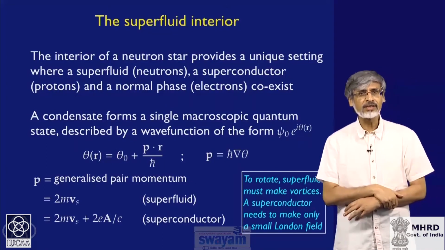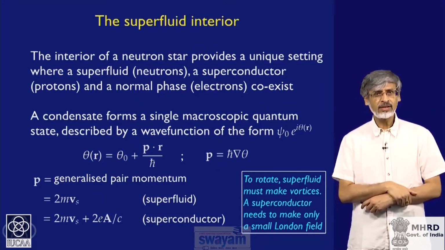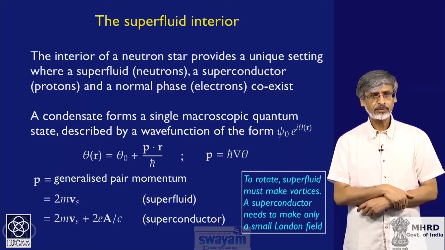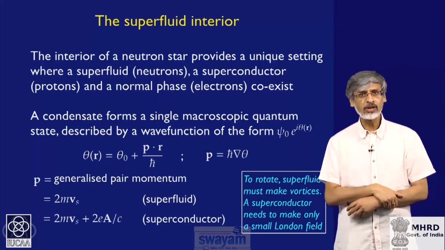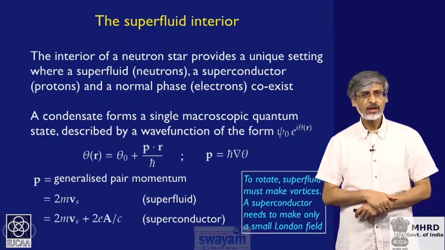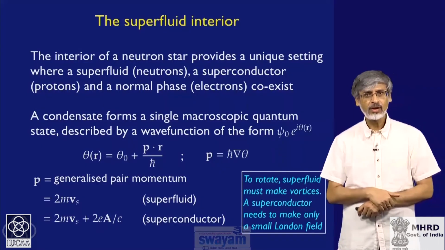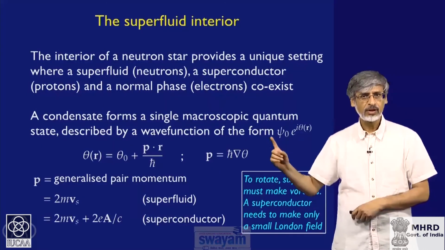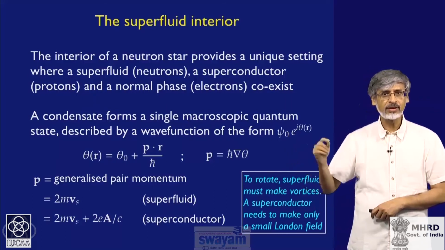So, these three phases in fact coexist in the interior of the neutron star. These condensates, like the superfluid and superconductor, form a single macroscopic large quantum state to which one can ascribe a wave function of the form psi 0 e to the power minus i theta, where psi 0 is an amplitude and theta is a phase.